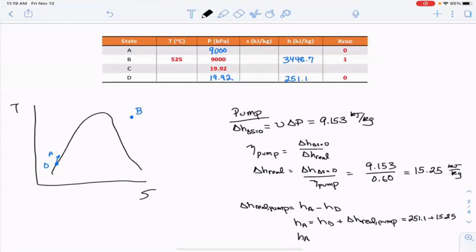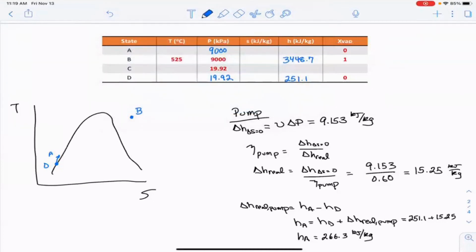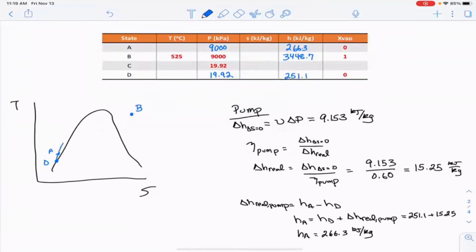And so the enthalpy at A then is just equal to 266.3 kilojoules per kilogram. And we can add that to our table. So 266.3 kilojoules per kilogram. Okay. So is that okay with everybody? Does that make sense? Yes. All right, good.